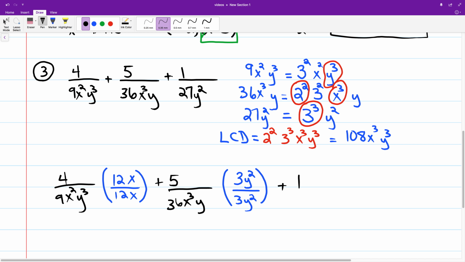As for what we have in the case of 1 over 27y squared, 27 into 108 is 4. And we don't have an x term in the denominator, so we have x cubed altogether. And for the y factor, y squared into y cubed is going to be y.